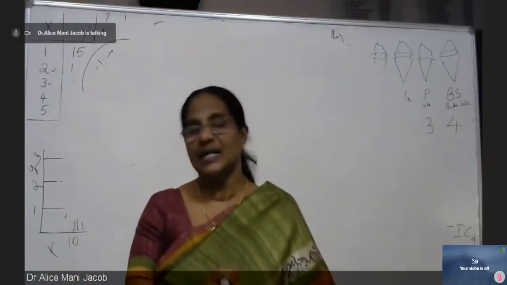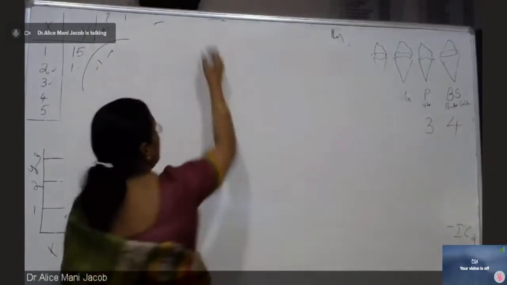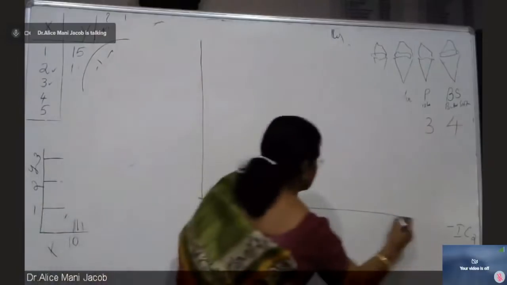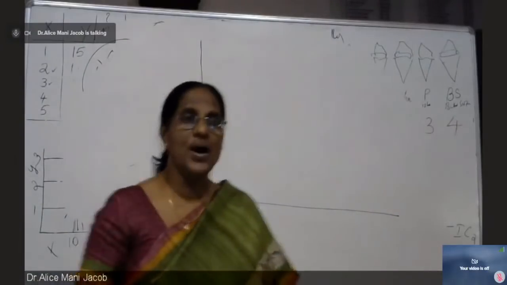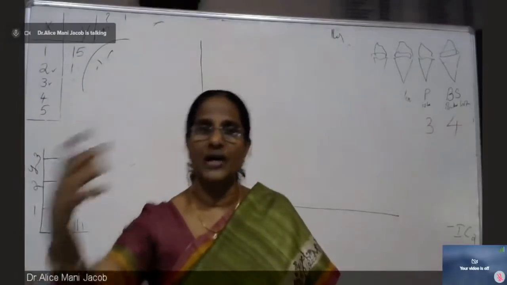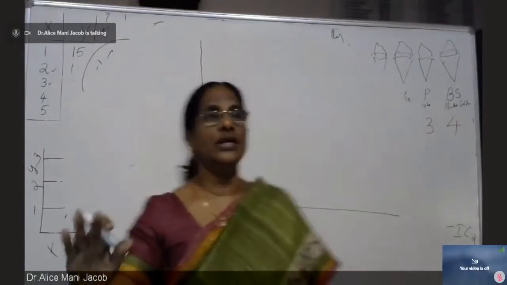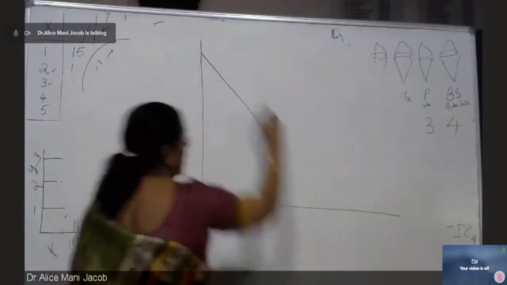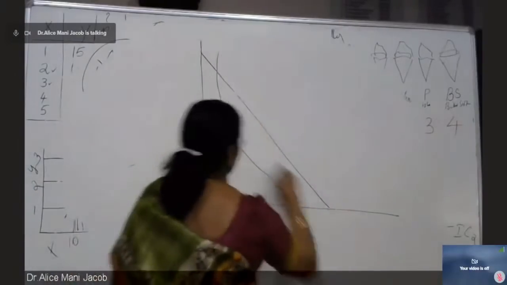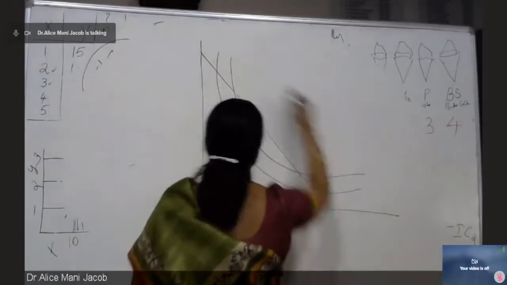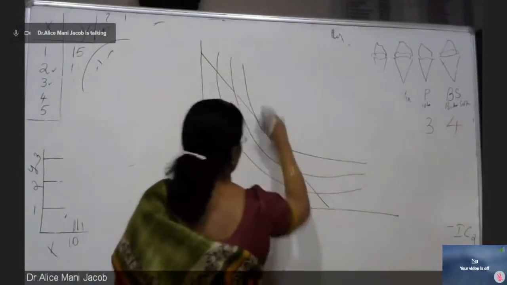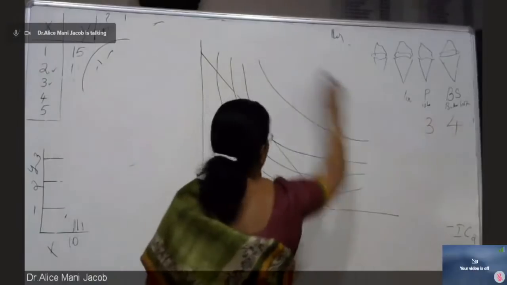Now here, what we are going to do is superimpose, that is, draw these two curves together on an XY plane. I have many indifference curves like this.